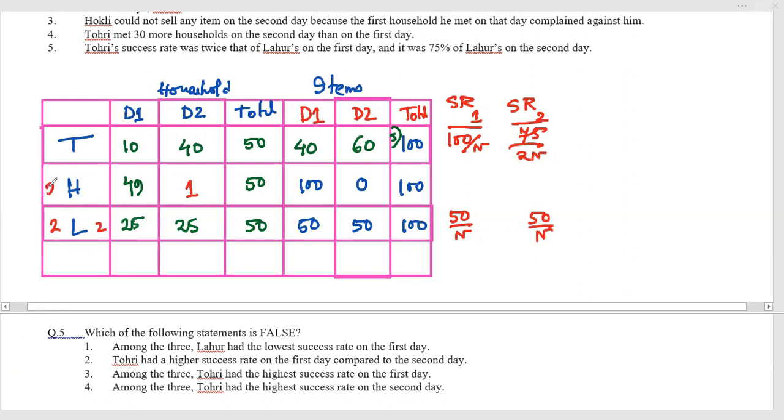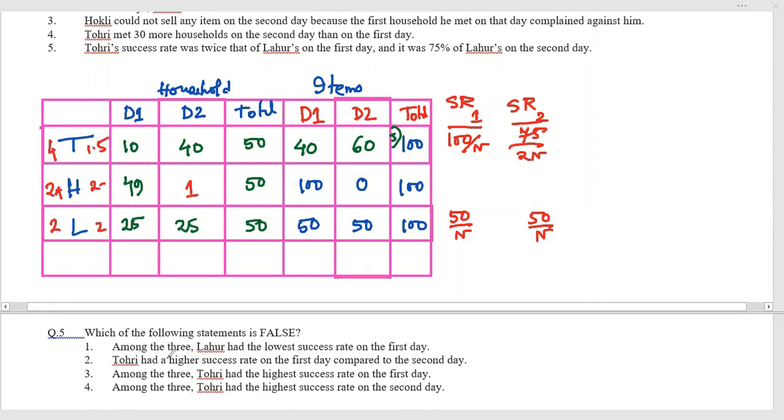So just 2 point something, so it is 2 plus, and this one will be 2 minus. And here it is 40 by 10, 4, and this one is 60 by 40, so 3 by 2, 1.5. So these are the success rates.